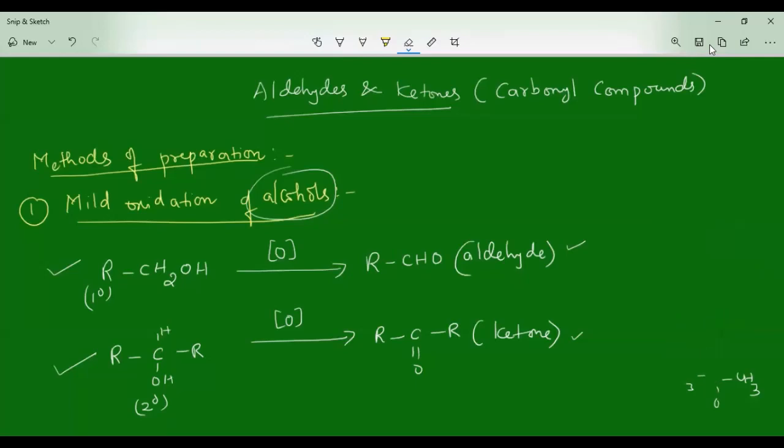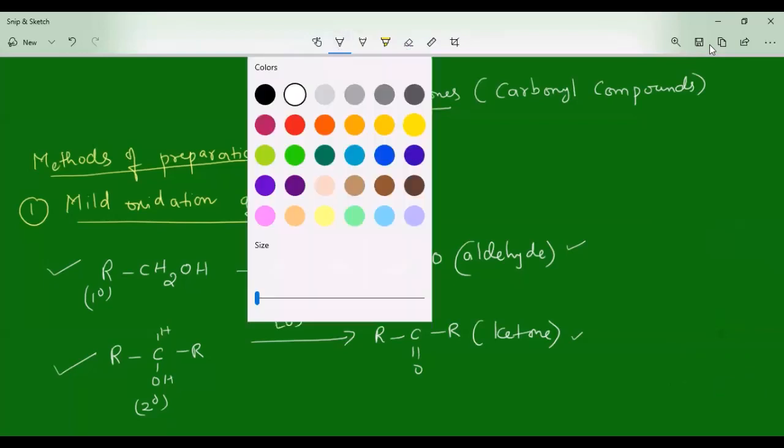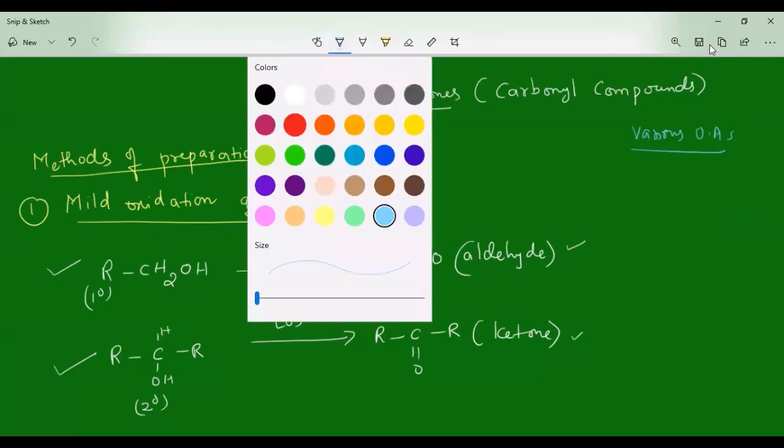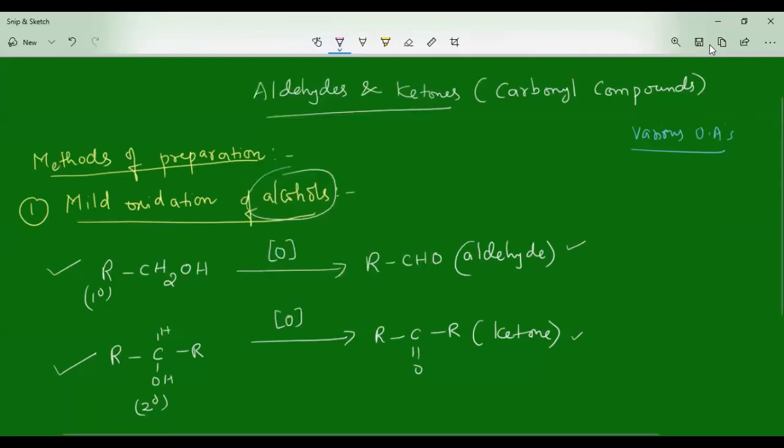The various oxidizing agents required for this process we will take. One example is potassium dichromate, K2Cr2O7, in an acidic medium in cold condition, which will convert these alcohols into aldehydes.